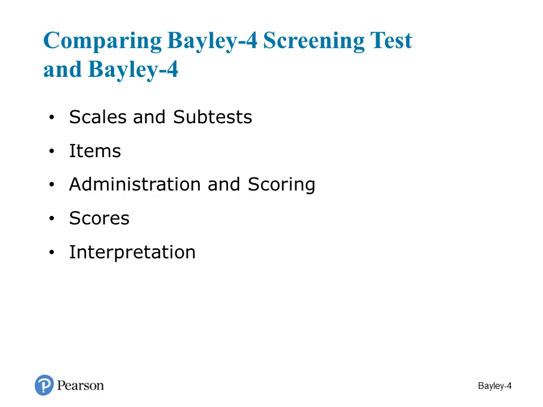And the interpretation, of course, is different, because the interpretation of the Bayley-4 Screening Test is to determine risk for developmental delay. The interpretation of the information from the Bayley-4 is to establish a diagnostic classification, in most cases developmental delay.